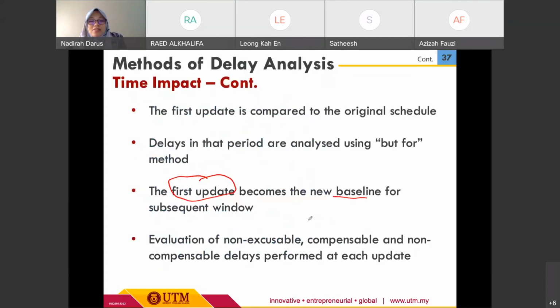All right. So with that, actually we have covered the project delay analysis. Okay, in terms of the overview, what actually delay is, the delay analysis methods, approaches, and so on. So before we end our class, is everything clear? Do you have anything to clarify? Okay.